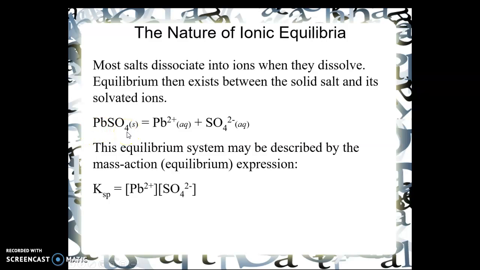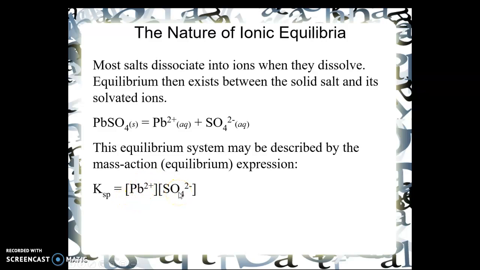Solids are not attributed a concentration. So you're thinking, well, I'll divide by the concentration of the lead sulfate solid, but there is no concentration. So there's nothing to divide by. That's why you have only these terms.